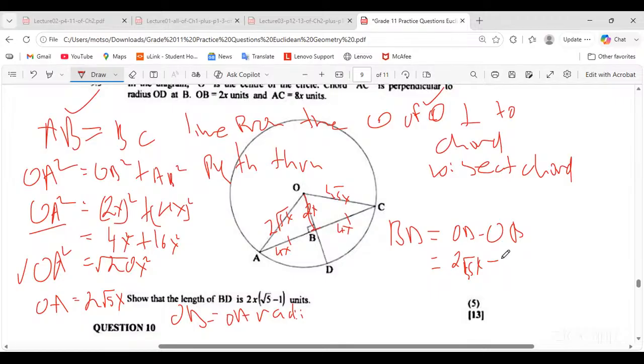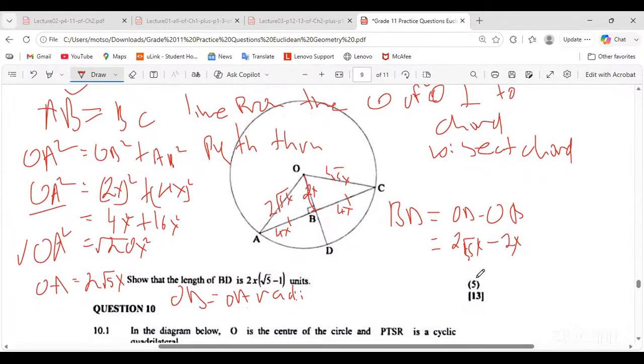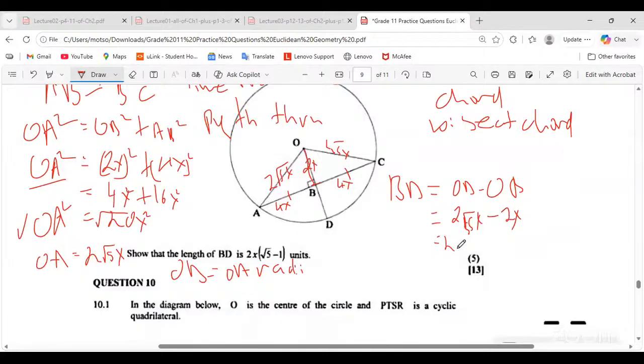OB, we are given it as 2x, right? Now, we can take 2x as the factor. We say 2x inside the bracket. We took 2x here, we are left with square root 5, minus, we took 2x here, we are left with 1. Now, we have shown that BD is equal to this many units. Then you will get your beautiful 5 marks inside the pocket.